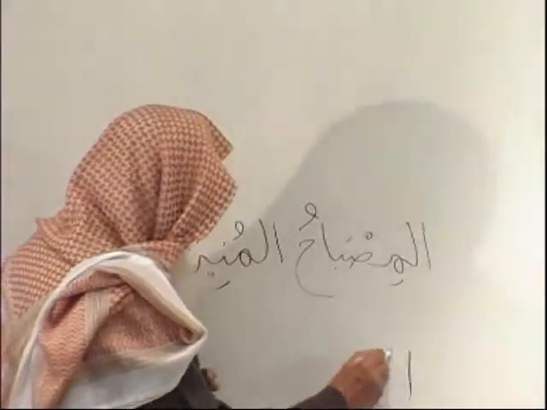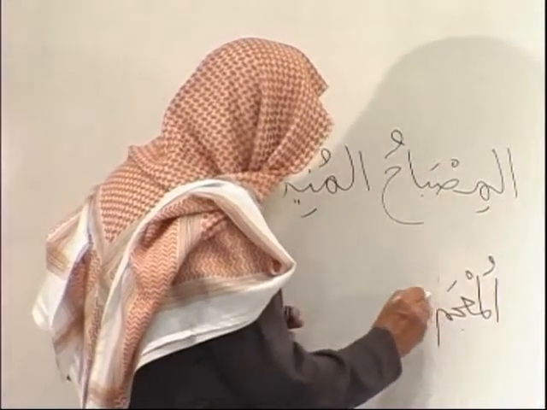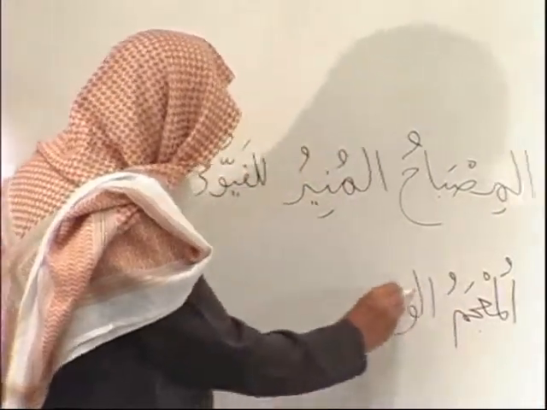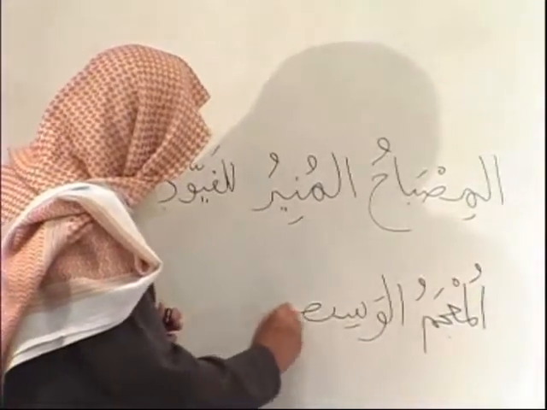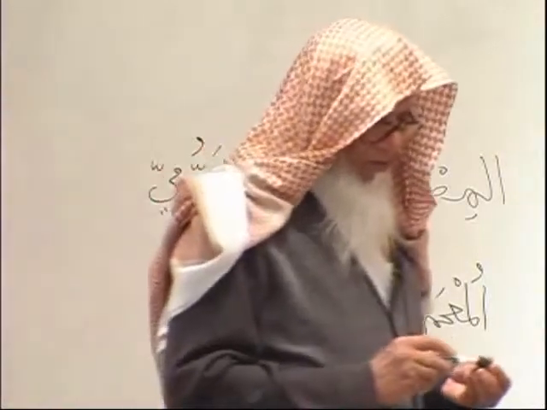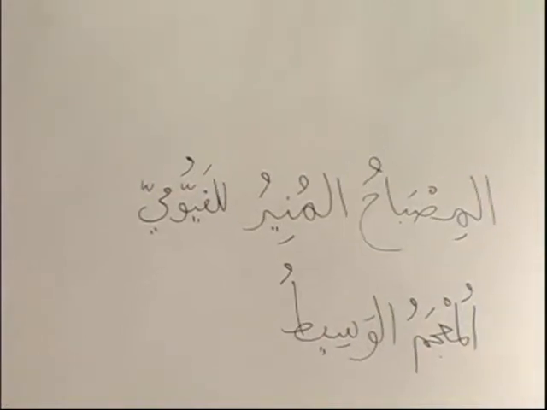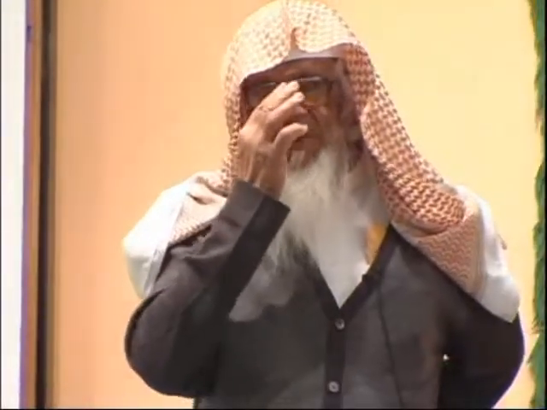A dictionary in Arabic is Al-Mu'jam Al-Wasit. Wasit means what? Medium. Al-Mu'jam is a dictionary. It's not a very large dictionary, it's not very small, but it's medium.